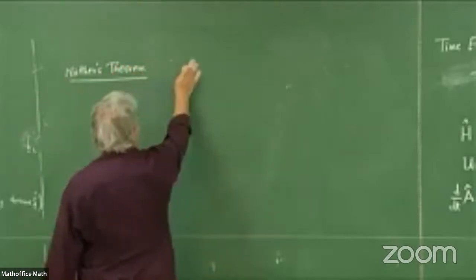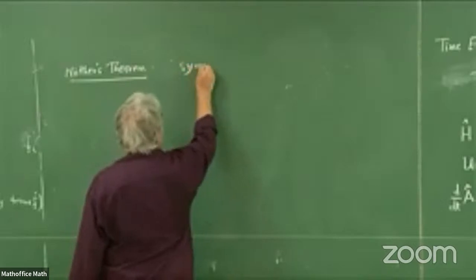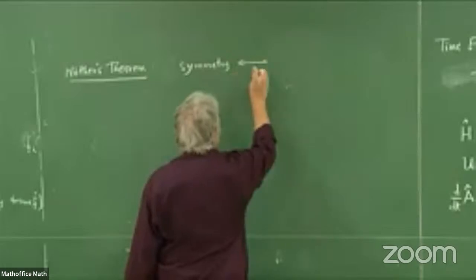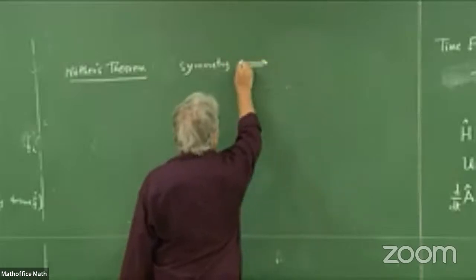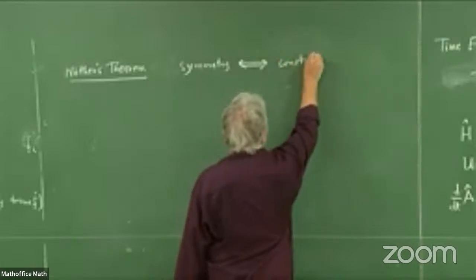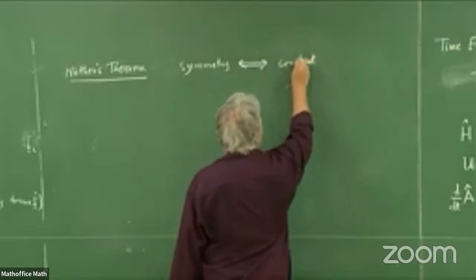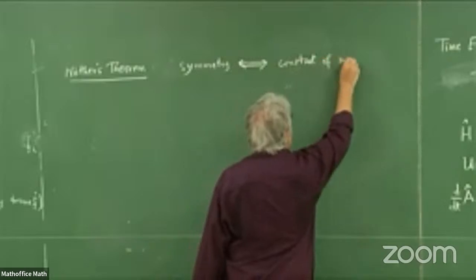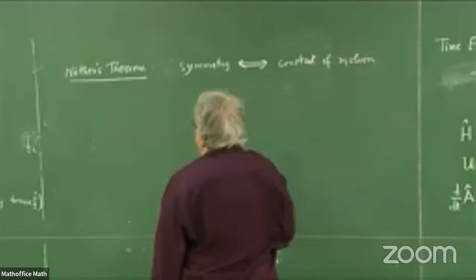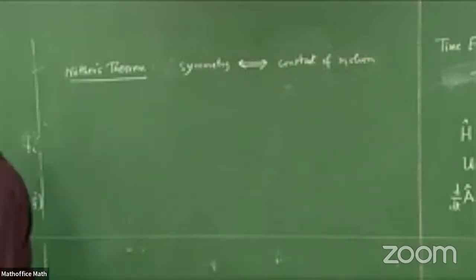That simply says that to every symmetry there is a corresponding constant of motion. So if there is a symmetry, there will be a constant of motion, or a conserved quantity if you like.